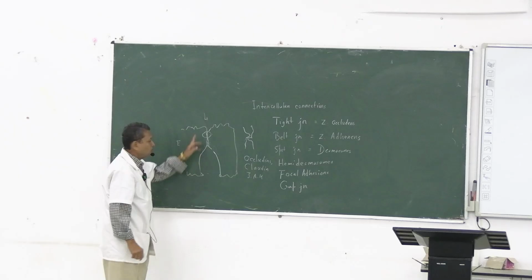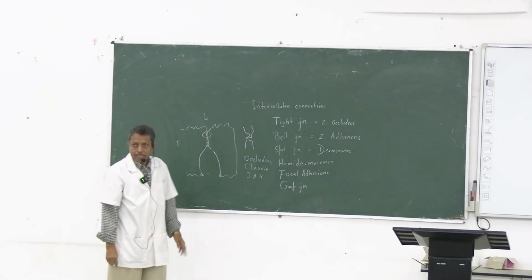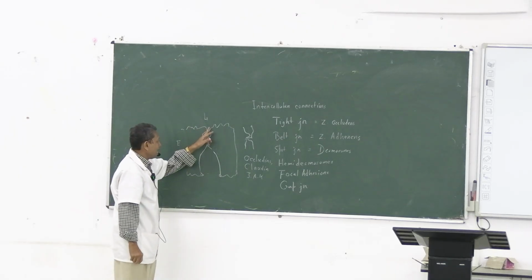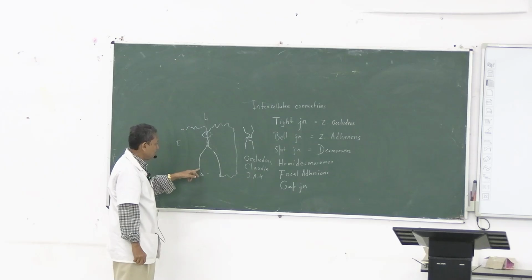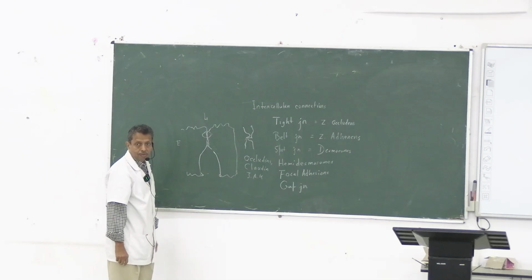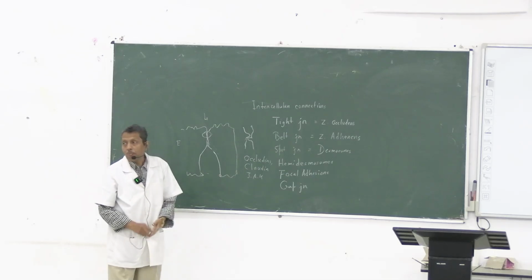That is, transporters or other proteins present in the apical side have no entry to the basal side. On the other hand, the proteins embedded in the basal side cannot diffuse or move through this to the apical side. In this way, they maintain polarity.